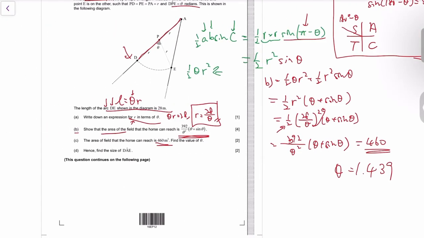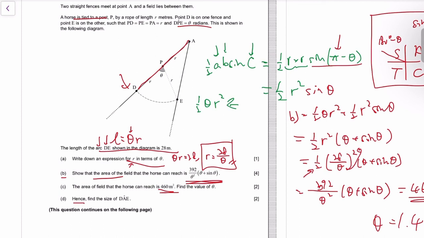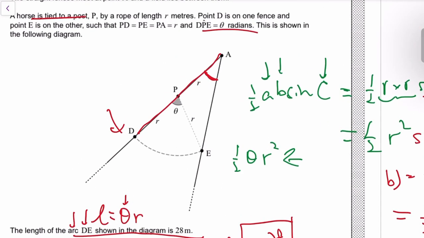All right. Then knowing theta, hence find angle DAE. So this one. So the key would be now we know theta, and since the angle of a line is 180 or pi, we'll know that one.